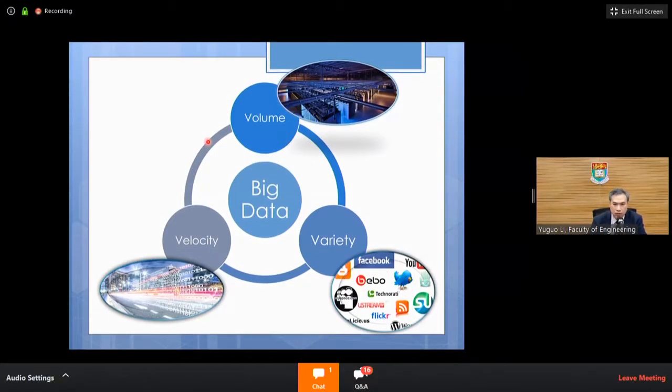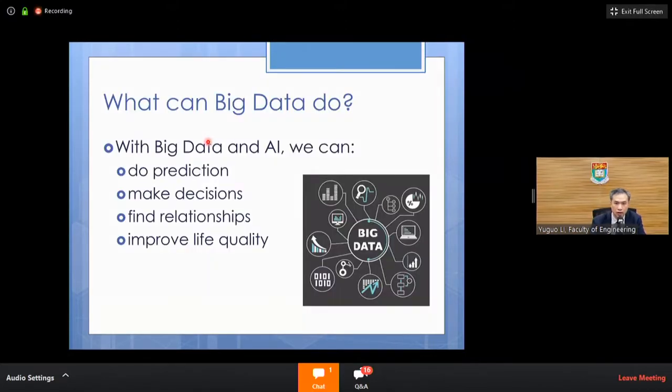Another important feature is that data comes in different forms. We have different kinds of data already in our laptops, like Microsoft Word and Excel spreadsheets. But in this talk, I will also talk about some other kinds of data that you may not have thought about before. So how can big data help us?